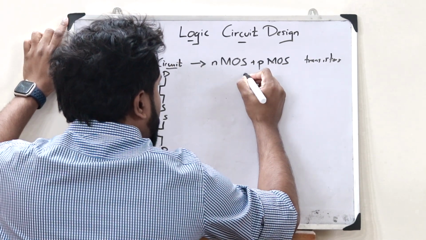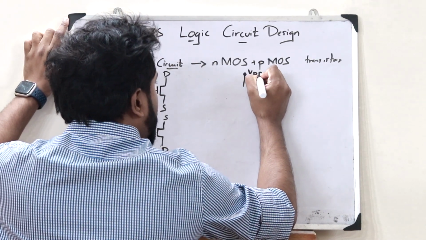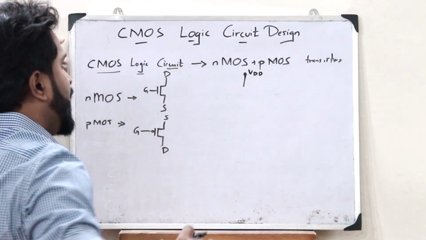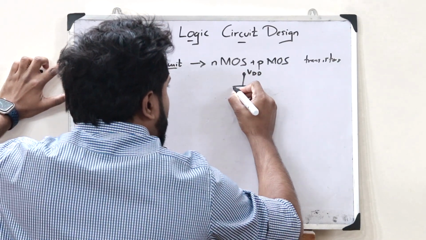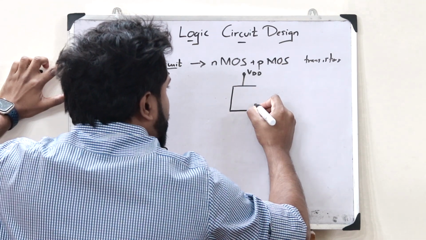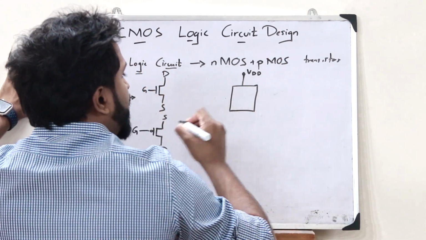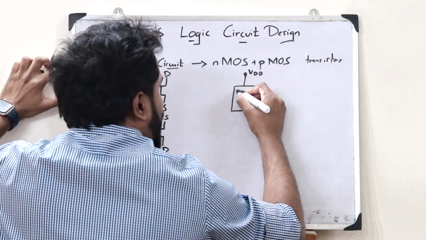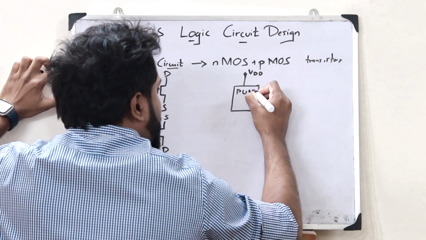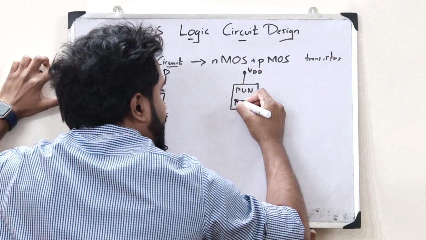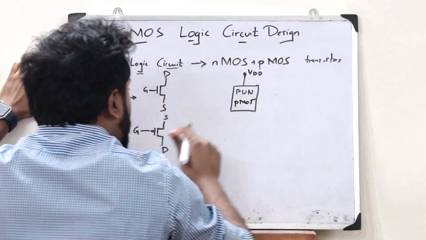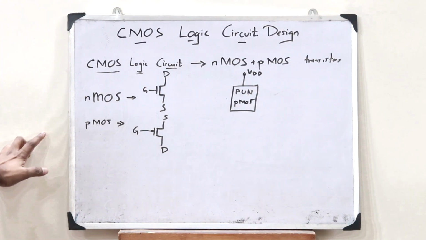This is how we create a CMOS logic circuit. First we have the VDD on top. Now we have a set of transistors over here. This set of transistors is what you refer to as the pull-up network, and this pull-up network is entirely made up of PMOS transistors.